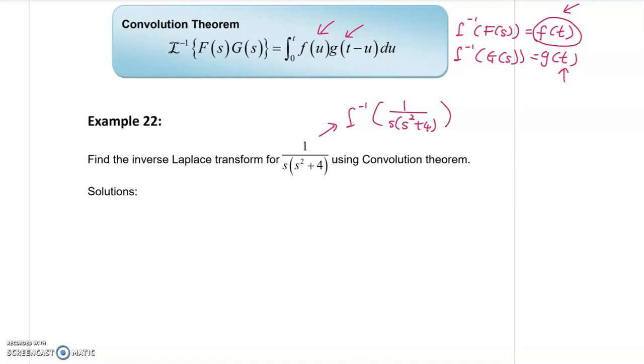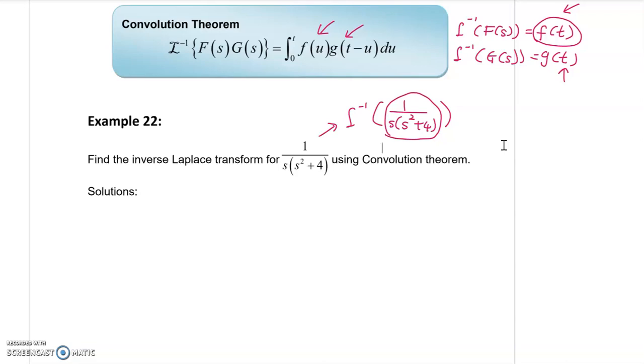We can see that the expression can be written in the form of partial fractions, A over s plus (Bs plus C) over s squared plus 4. So if you have a fraction like this, you have two choices: you can solve by partial fractions, or you can solve using the convolution theorem. But if the question specifically asks for the convolution, then you need to do the convolution. So let's see the solution by convolution now.